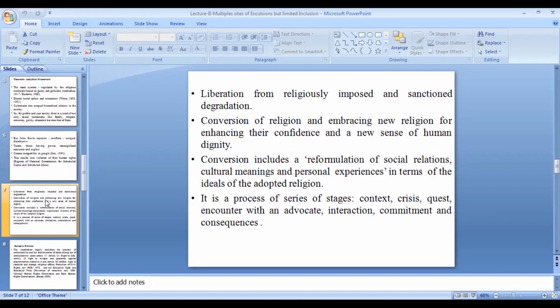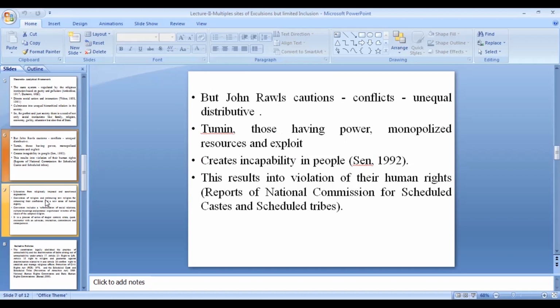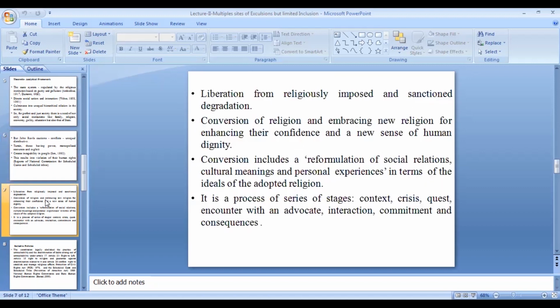For example, if they get converted into Christianity or Islam or Sikhism or Buddhism, whatever faith they want to choose. They have used conversion as a resistance as well as a self-redefining strategy, which releases their creative energy, increases self-confidence, and gives a new sense of human dignity.